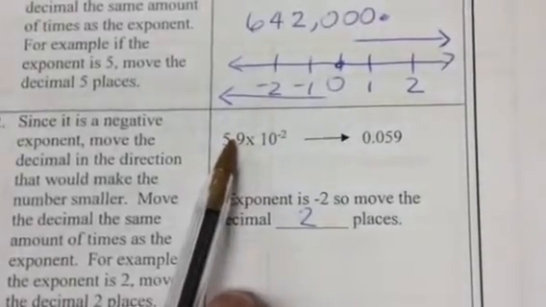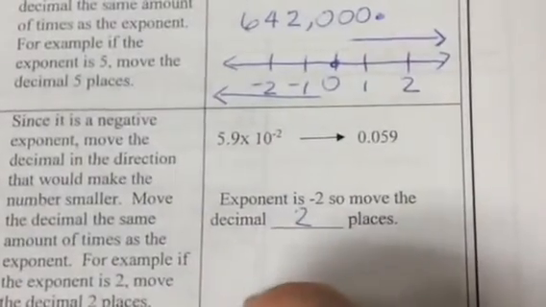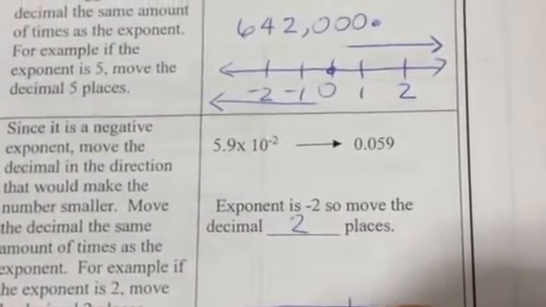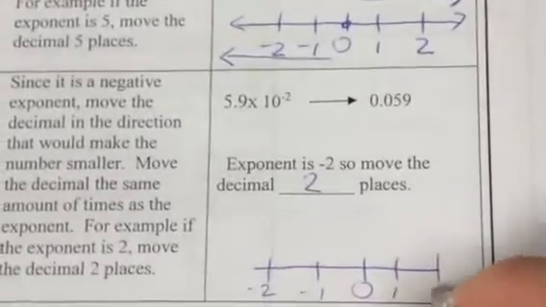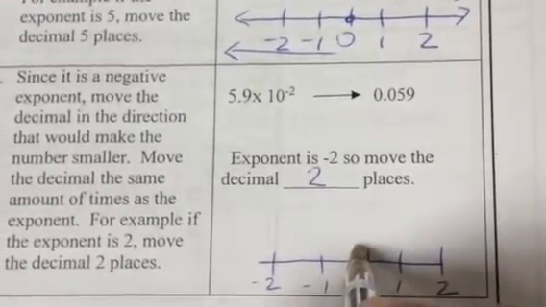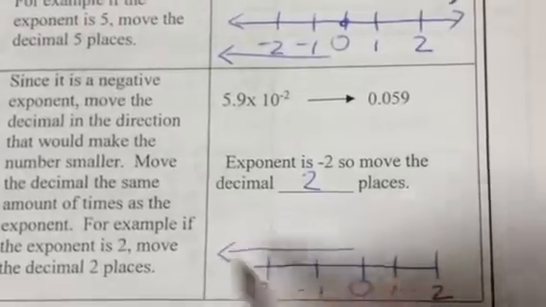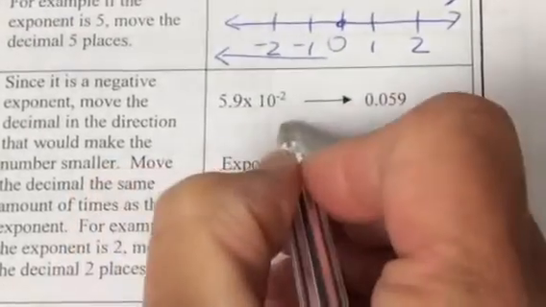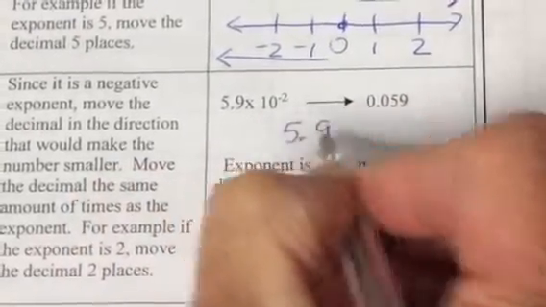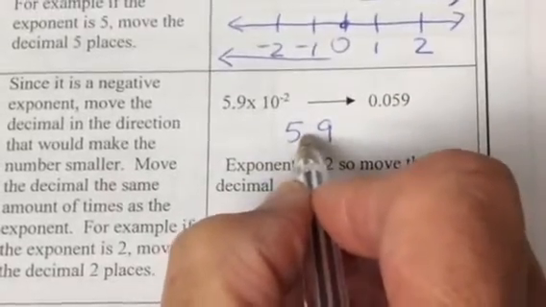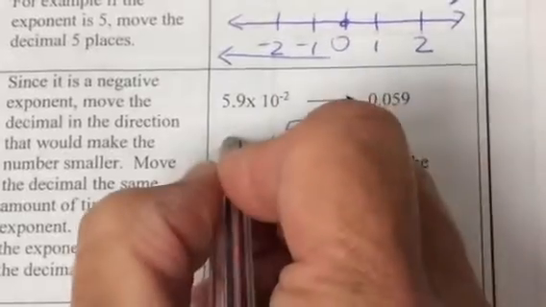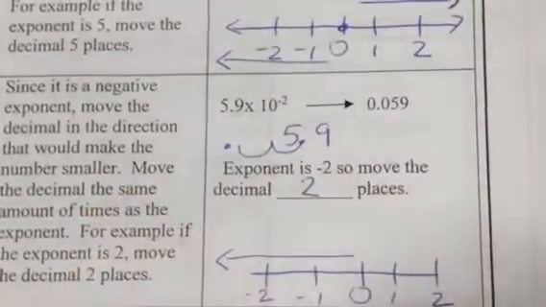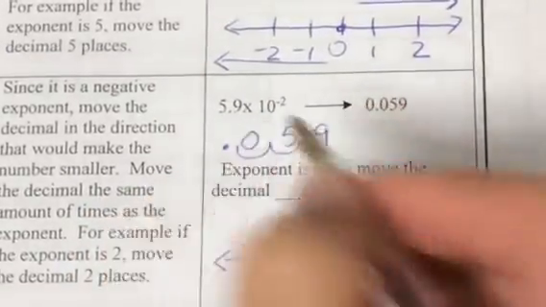So any number you want to get smaller, again, we showed the number line. Here's 0, -1, -2, +1, +2. If I want to go smaller, I'm going this direction. So I start here. If I have 5.9 and I want to go smaller, I'm going to go this direction, 1 and 2. That's going to be my new decimal, and I fill a 0 in.